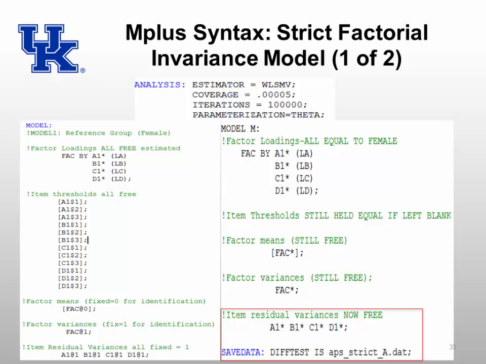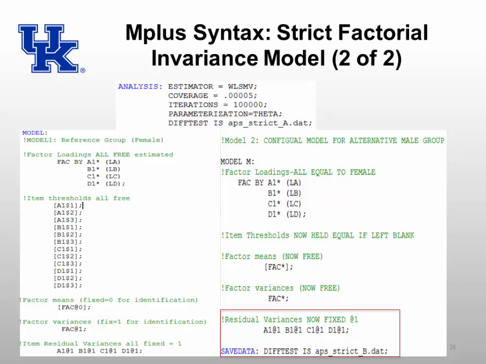For the first of the two steps for testing the strict factorial invariance model, we set everything else the same as the strong invariance model, except for that part. All the item residuals are set to be free for this side model.